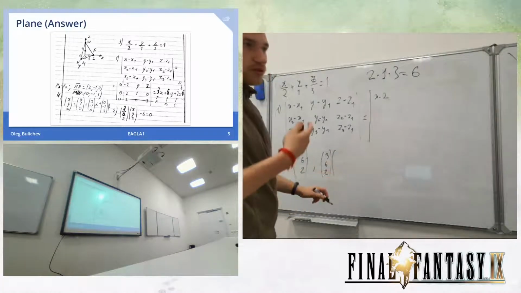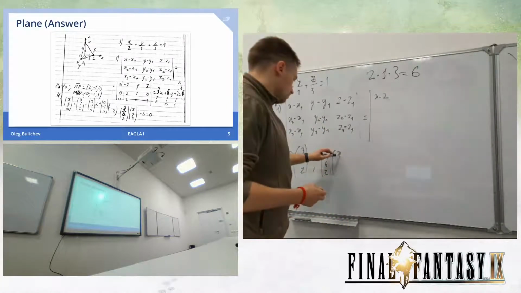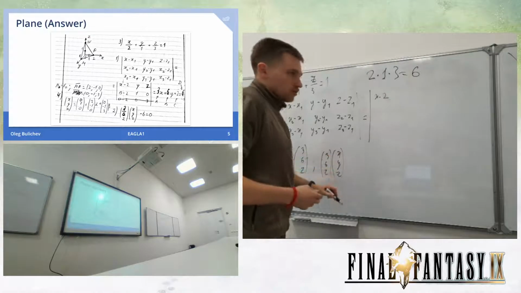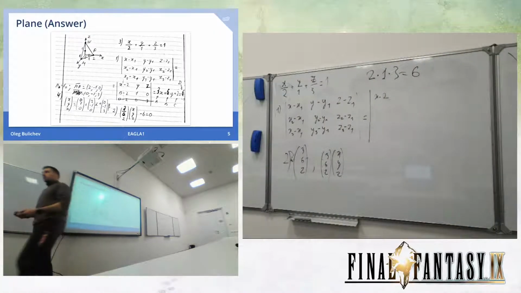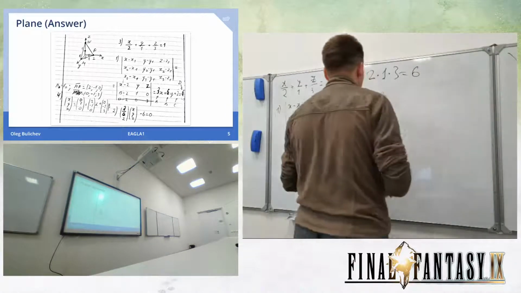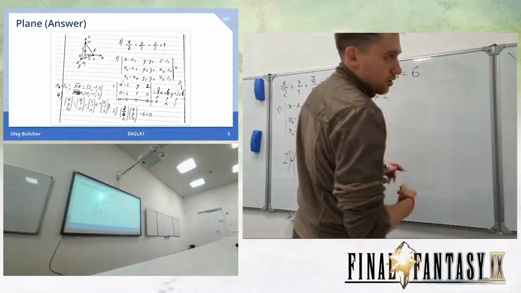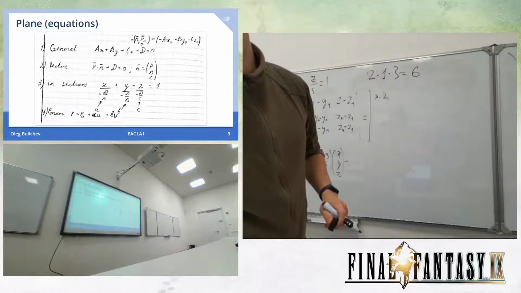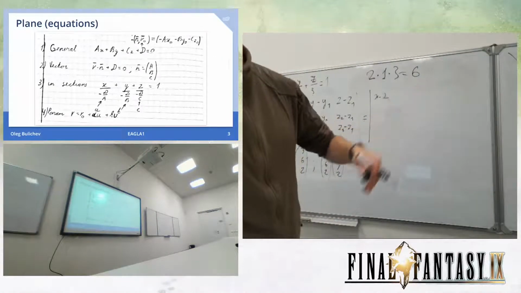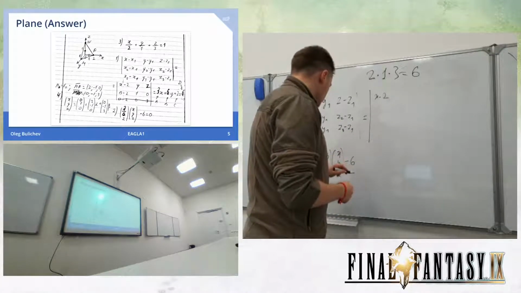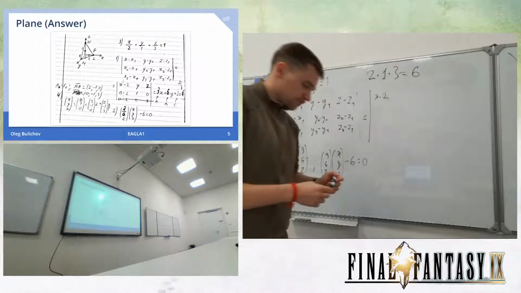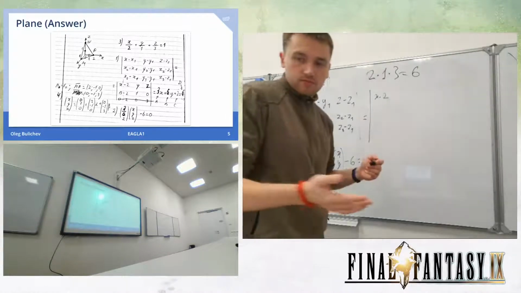Multiply it by x, y, z, and minus D. Or plus D, I don't remember. Plus D, yes, because we have 6, minus 6, equal to 0. And the last one.